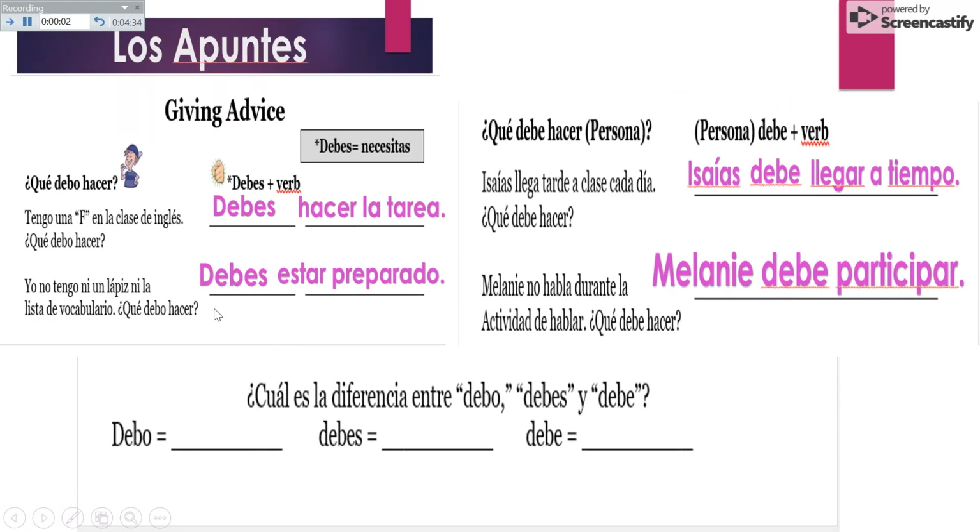So now we've given advice when we're talking directly to the person, and we've given advice when we're speaking about another person. We've experienced the verbs debo, debes, y debe. ¿Cuál es la diferencia? Take a moment to think and share with your partner.